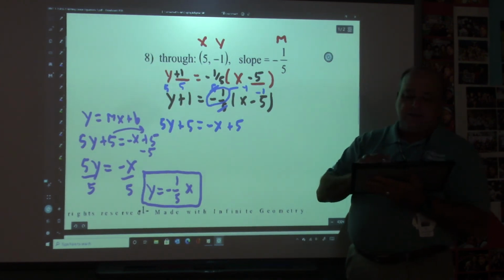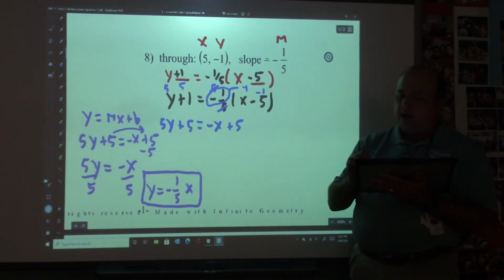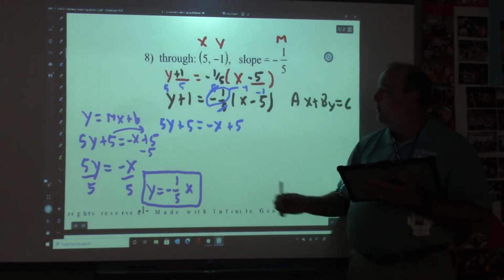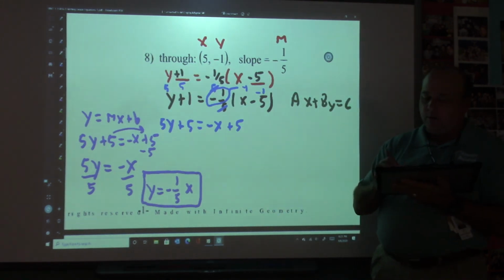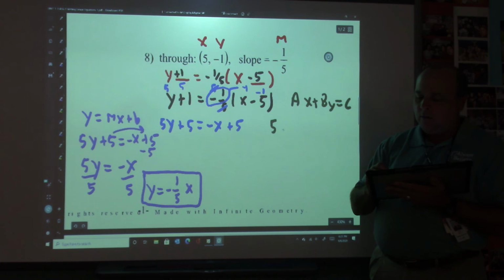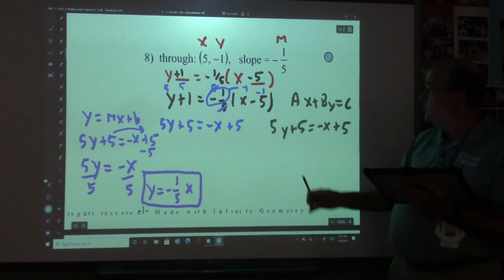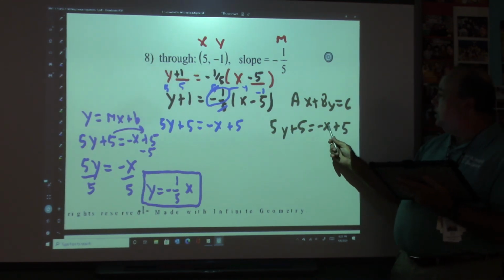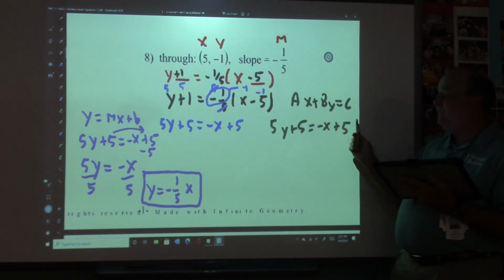Now then, let's get the standard. Let's do this in green. I'm going to write down ax plus by equals c. And I'm going to write this equation over here: 5y plus 5 equals negative x plus 5. What am I going to do here? I'm going to move the x to the beginning and that 5 over.